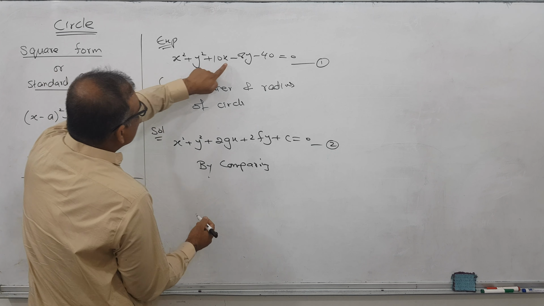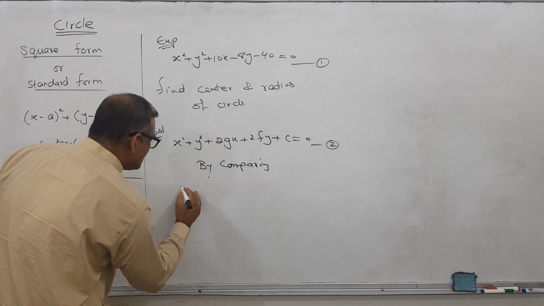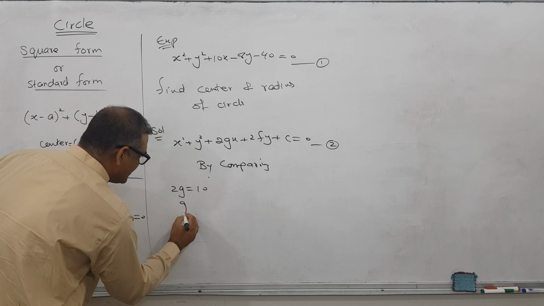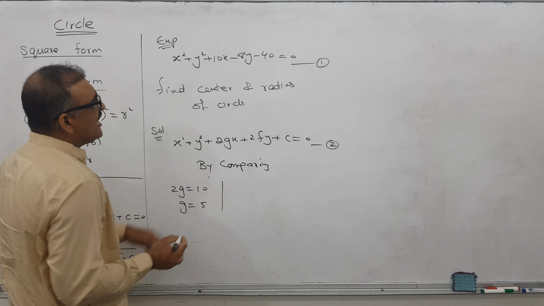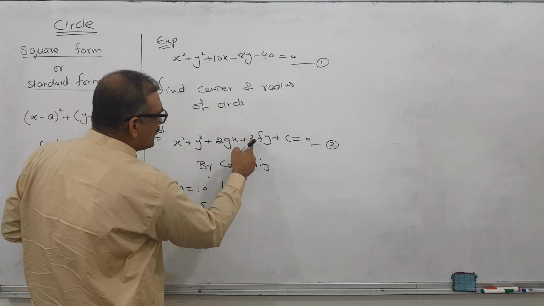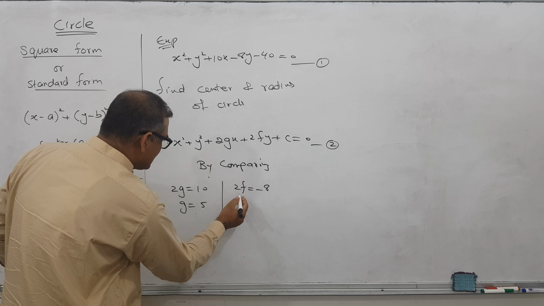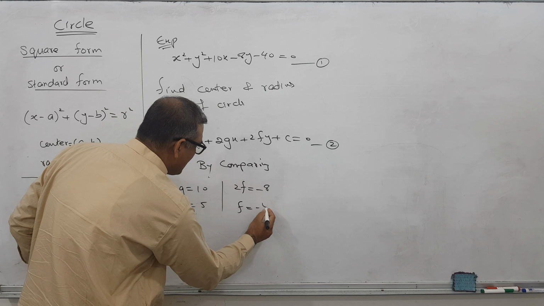The x coefficient is 10, and in the formula it is 2g. So 2g is equal to 10, the 2 goes down and g is 5. Now the y coefficient is 2f, so 2f is equal to minus 8. This 2 goes down and f becomes minus 4.